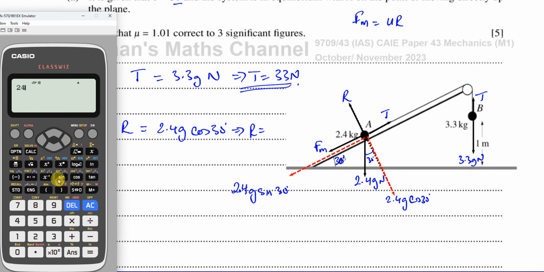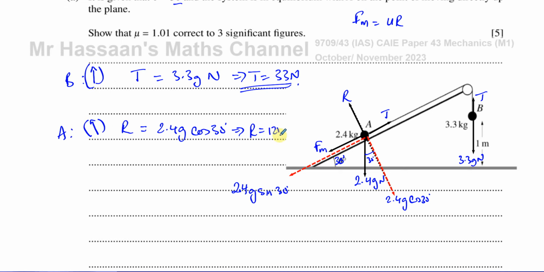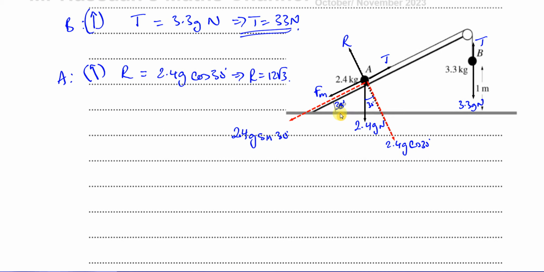Okay, now if I resolve the forces on A, it's on the point of slipping up, so I'm going to resolve the forces parallel to the plane upwards. Then the forces acting upwards are the tension, and that's equal to the forces acting downwards, which is F max, which we have to find for us to be able to answer the question, plus the other one acting down is 2.4 G times sine of 30.